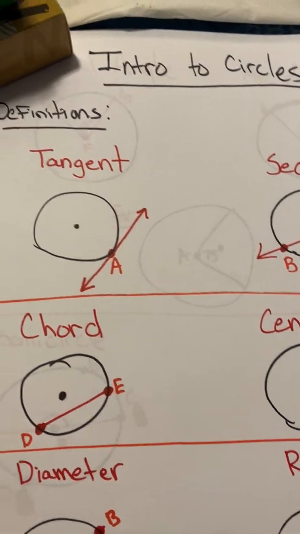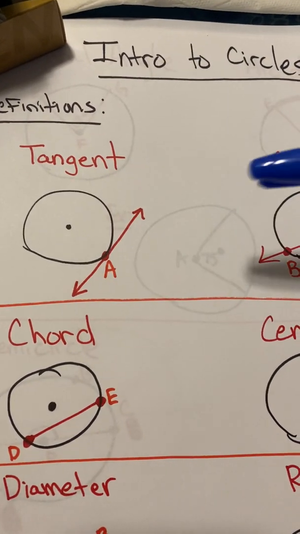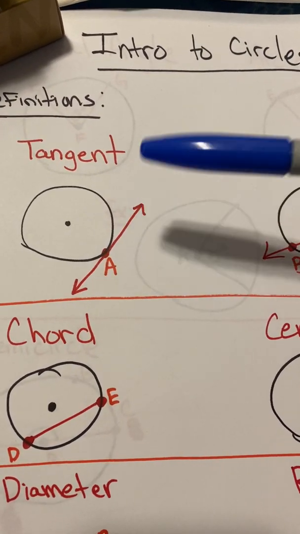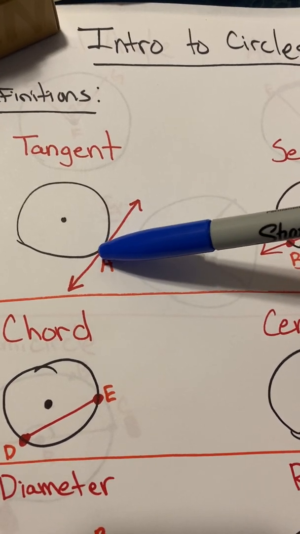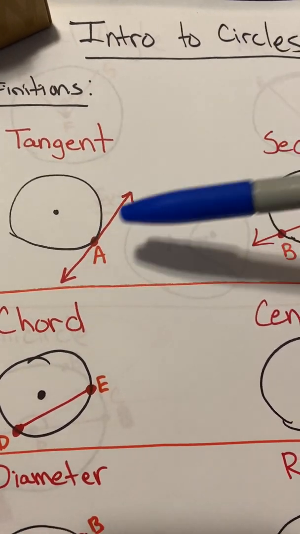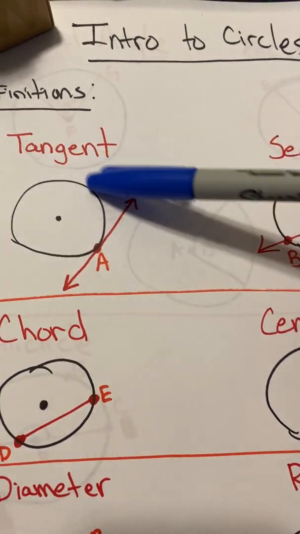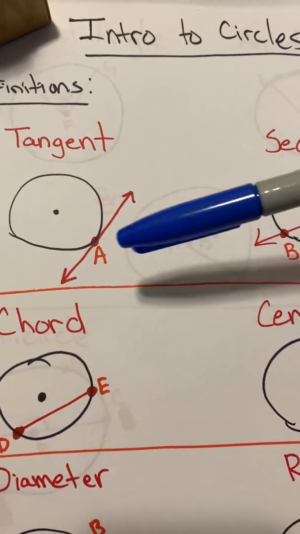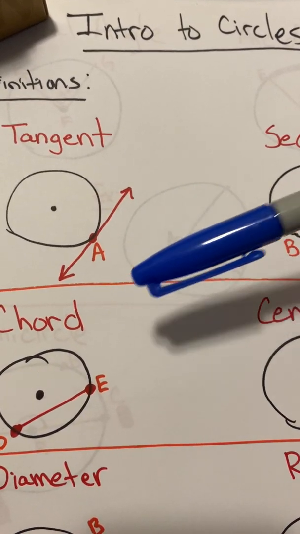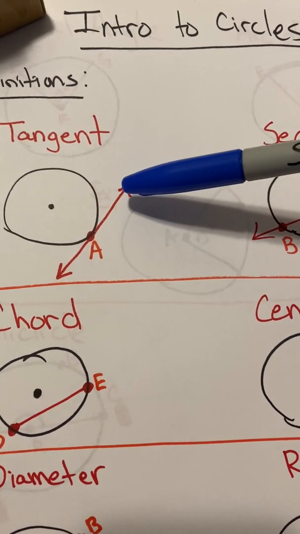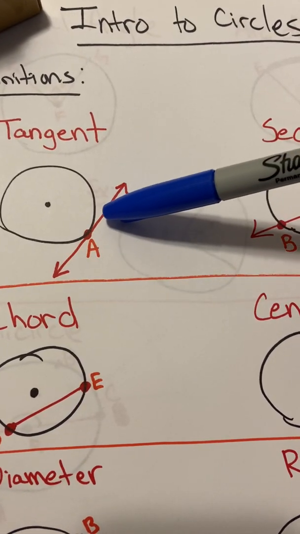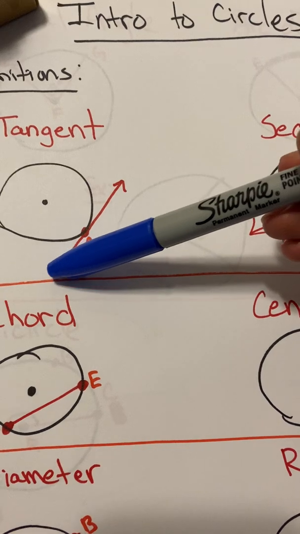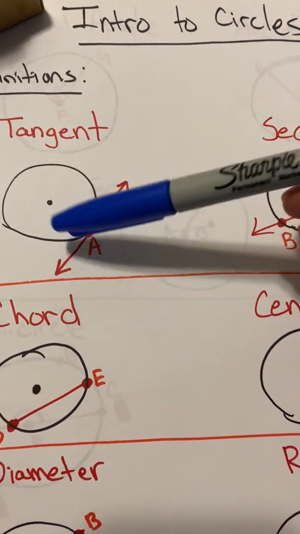I feel like that phrase comes from this diagram, because let's say you're talking to someone and at a certain point they just go off in a different direction. They don't continue on with the conversation. This helped me personally remember what tangent lines are. It's a line that just gradually touches the circle and then goes off on its own and does its own thing. So that's a tangent line.